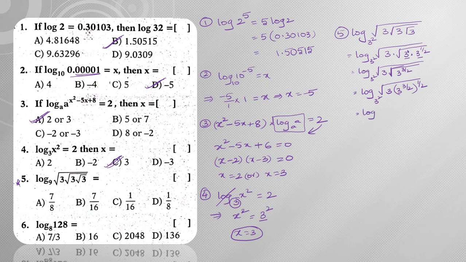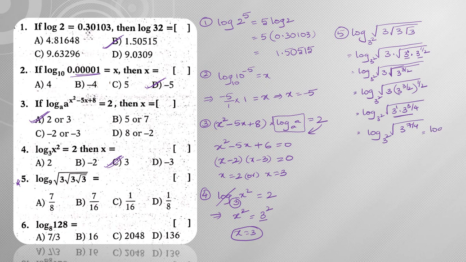Now in the next step I can convert it as logarithm of 3 square into, so 3 into 3 power 3 by 4 by using the a power m whole power n formula. Again, 3 power 1 is there, we can write it as logarithm of 3 power 7 by 4 to the base 3 square by using the a power m into a power n formula, right?